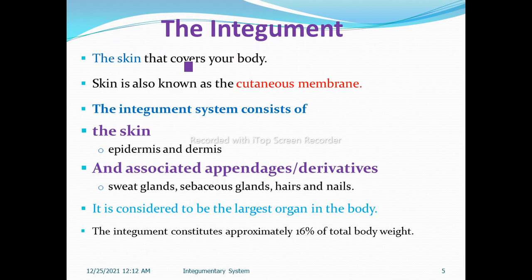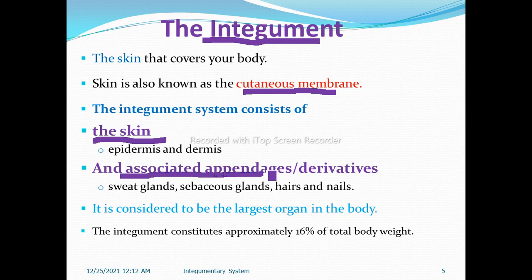The skin that covers our body is known as integument. Skin is also known as the cutaneous membrane. The integumentary system consists of the skin and the associated appendages or derivatives. So as I told you, skin plus appendages or derivatives is called the integumentary system.